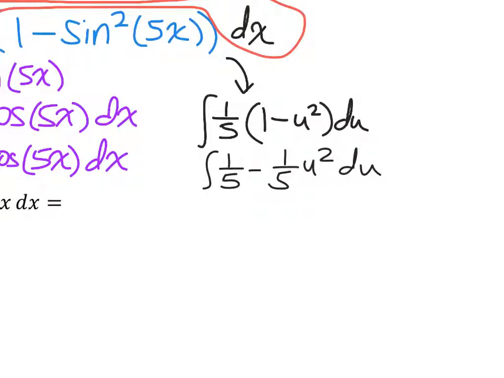So anti-differentiate: 1/5 u minus 1/15 u cubed plus c.